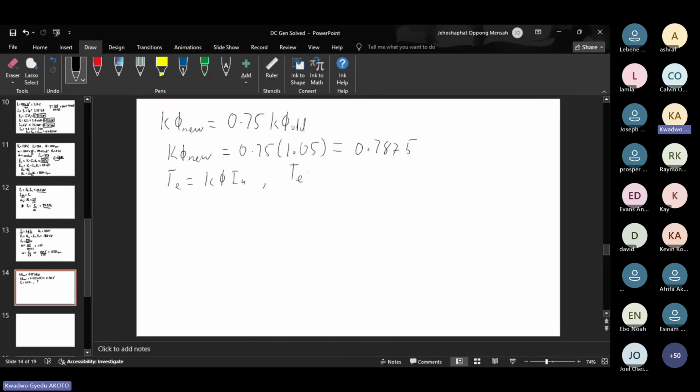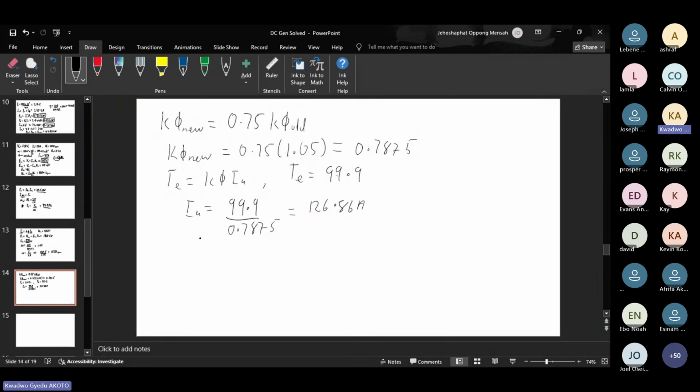So TE is equal to 99.9, so IA is going to be 99.9 out of 0.7875, which is going to give us a new armature current of 126.86 amps. Okay, so 126.86 amps. Now we can bring it back.